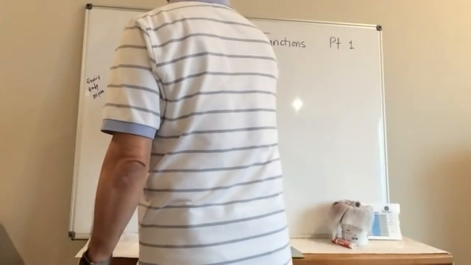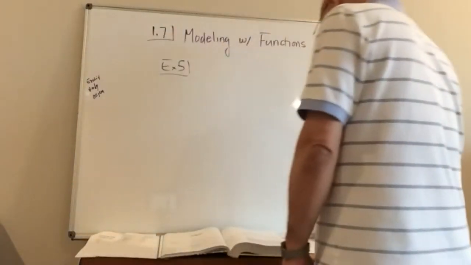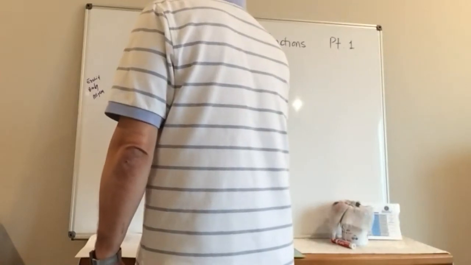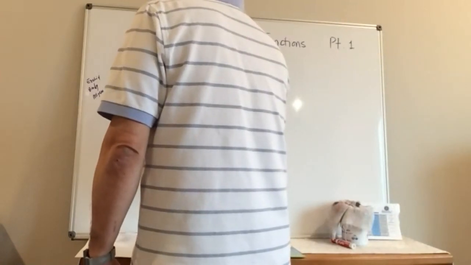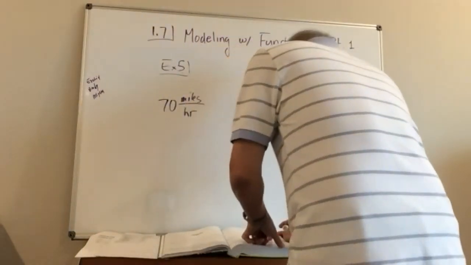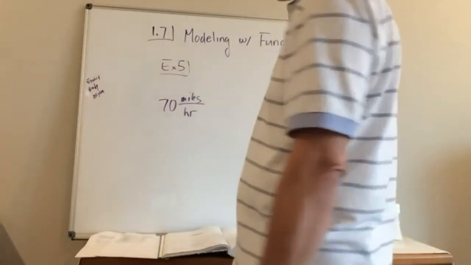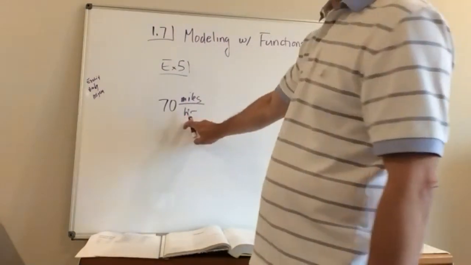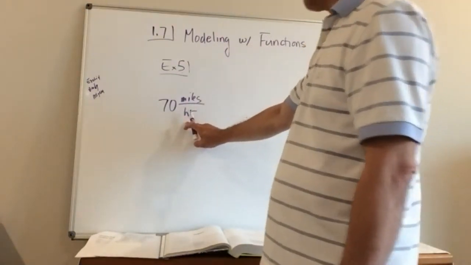So we have this guy, and we are going 70 miles per hour, and I want to change this into what? Rotations or revolutions per second. So let's go ahead and change the hour into seconds first.